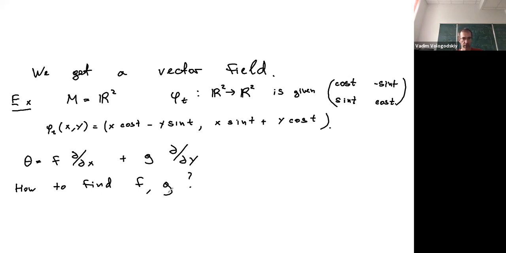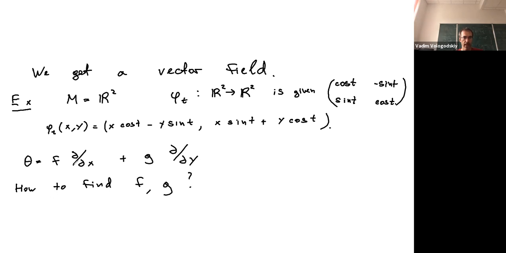So how to find the f and g? Theta was defined by how it acts as a derivation. We know how to apply theta to a function, and we want to express this derivation in this form.